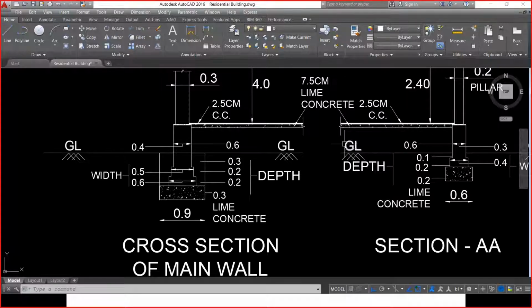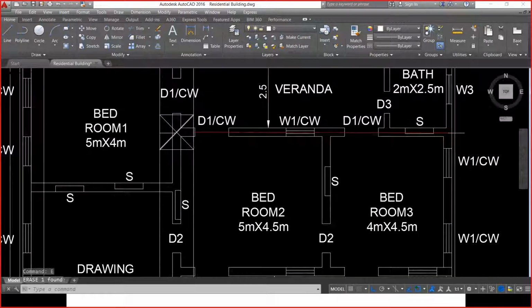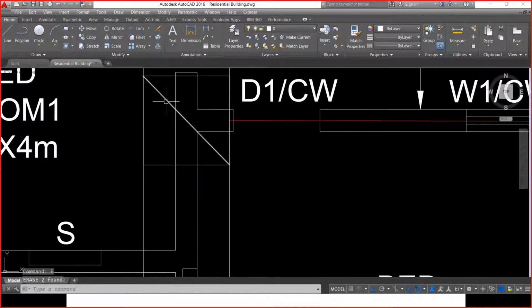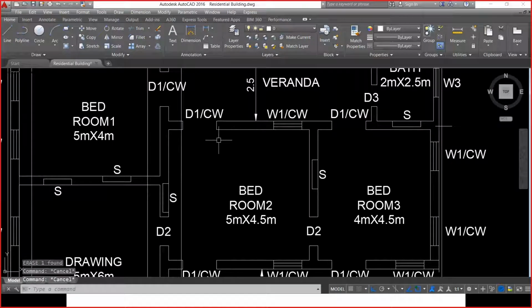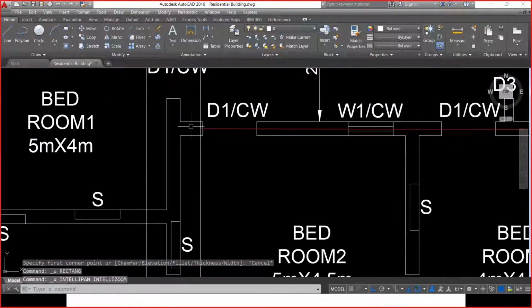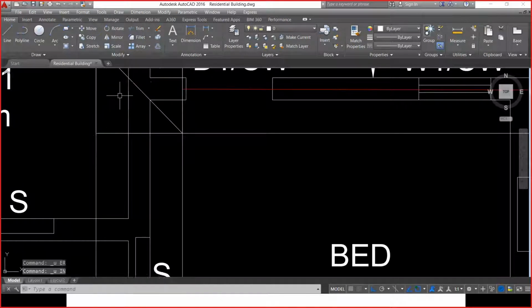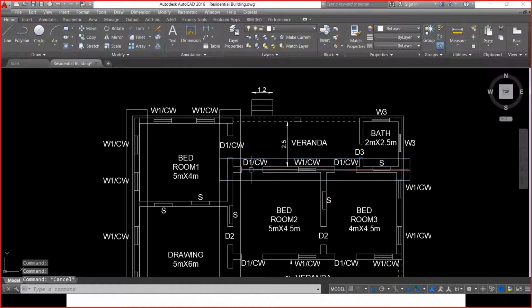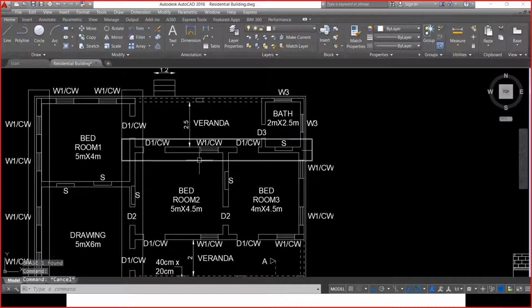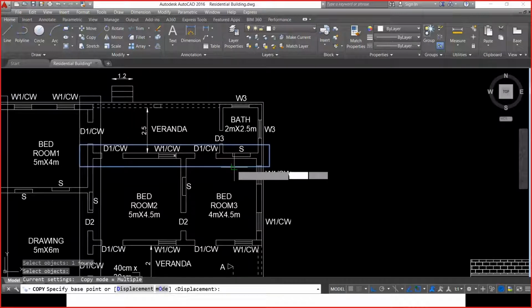Now moving on to the short walls. So let me erase these things. Let us say that this particular excavation is already done for this wall, and this wall as well.